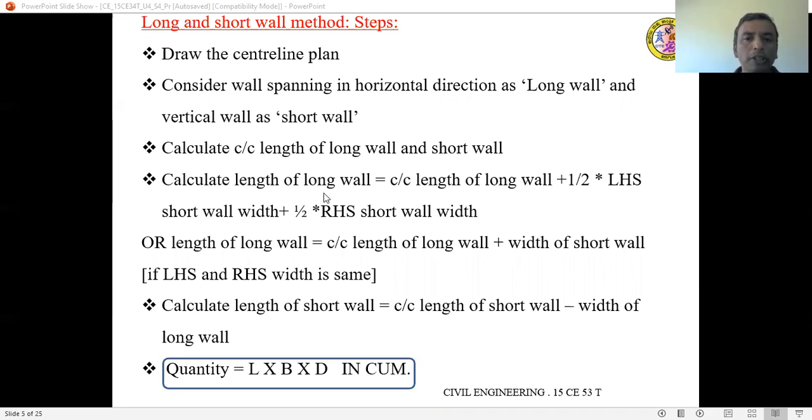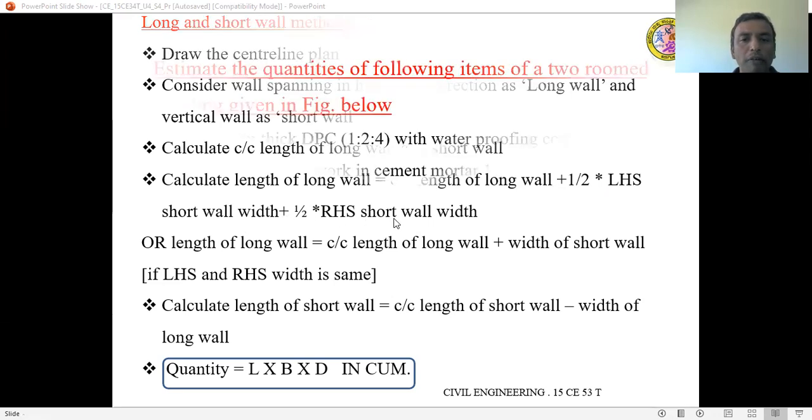Length of long wall is equal to true length of long wall, which is equal to center to center length of long wall plus the left hand side short wall width plus the right hand side short wall width.